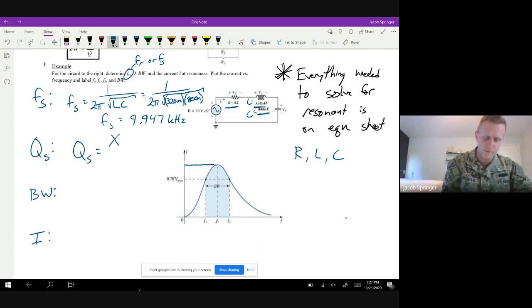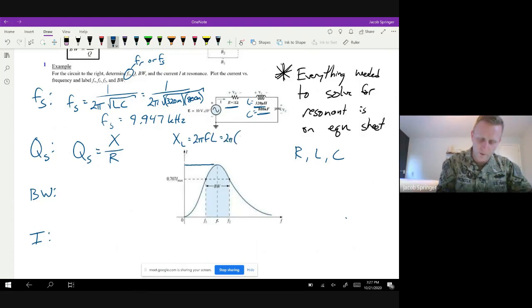So in this case, I'm going to go with X over R. I don't know X yet, but I can easily get it now that I have the frequency. So if XL is equal to 2 pi FL, 2 pi, that resonant frequency is 9.947 kilohertz, and the L is 320 microhenries, then my XL comes out to 20 ohms.